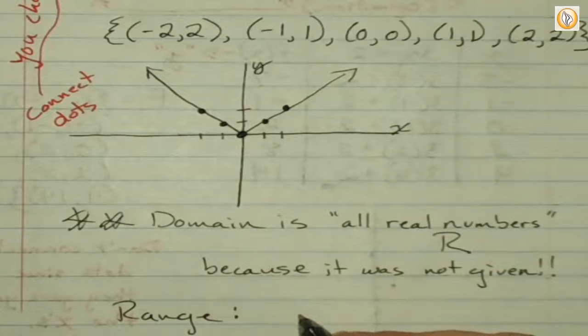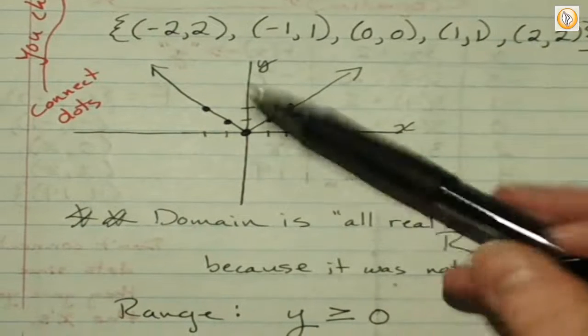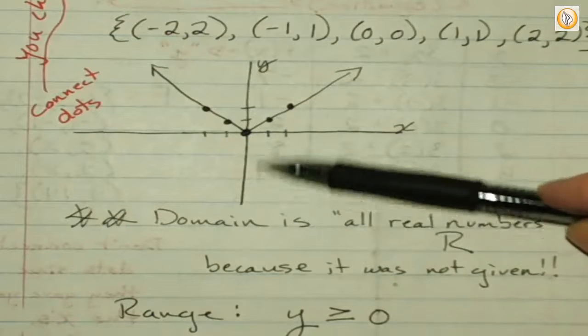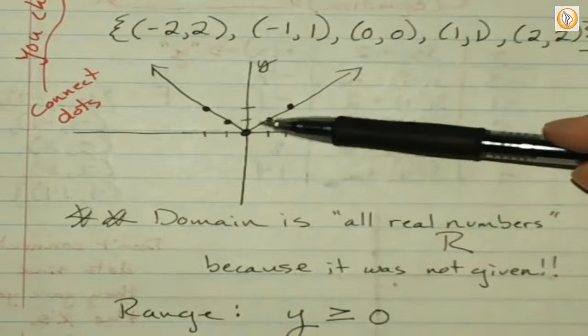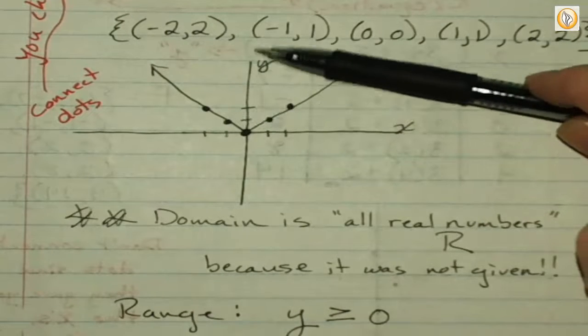You're on the right track. So y would be what? The range would be all numbers greater than or equal to 0. Look, does any part of the graph go down here? So it's only utilizing this portion of the y.